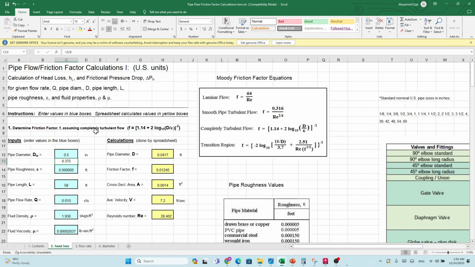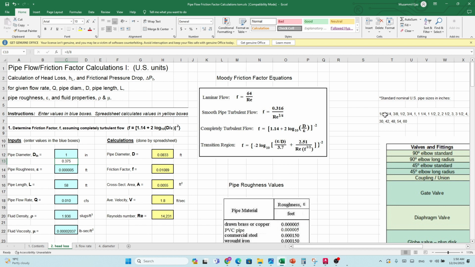Okay, now move towards the Excel chart. First of all, you have to assume the pipe diameter. Let's suppose we are selecting 1 inch of pipe, and you have to select the pipe as per standard nominal pipe size available in the market. You cannot put the value as per your requirement, as per your thinking, like 0.15, 0.10, 2.25.